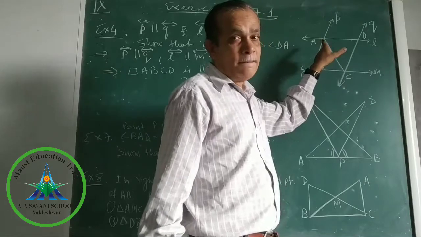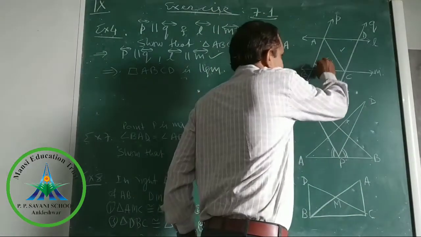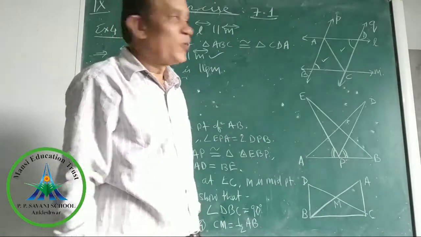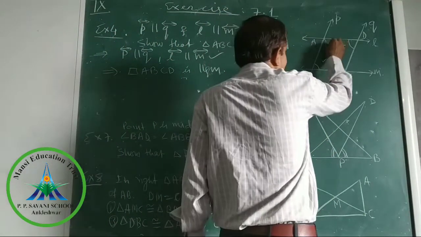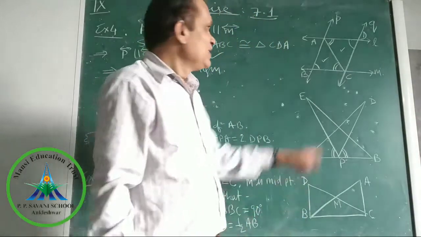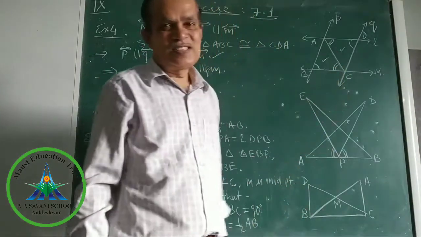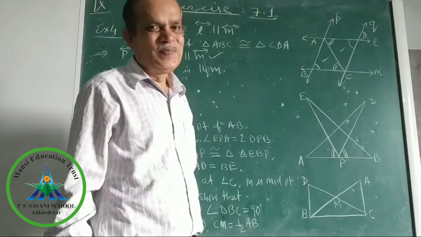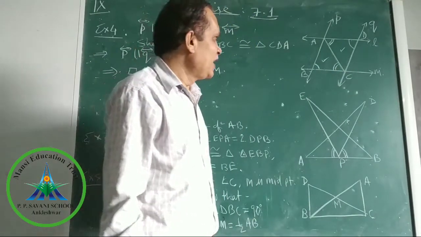Now, if ABCD is a parallelogram, then this angle equals this angle. Alternate interior angles, opposite angles of a parallelogram.